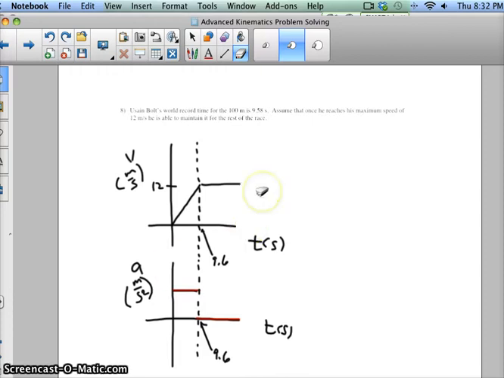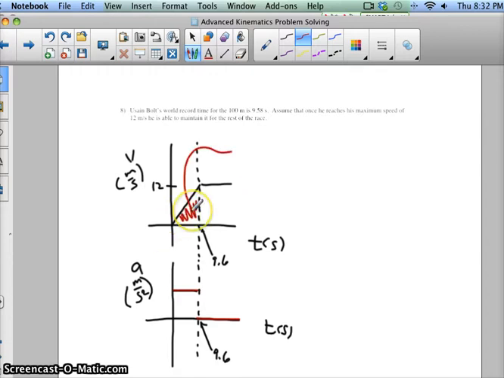So we could find our total area here, right? This triangle is going to be 1/2 12 meters per second times 9.6 seconds. So that's the area of that triangle. And then, okay, I made a mistake.